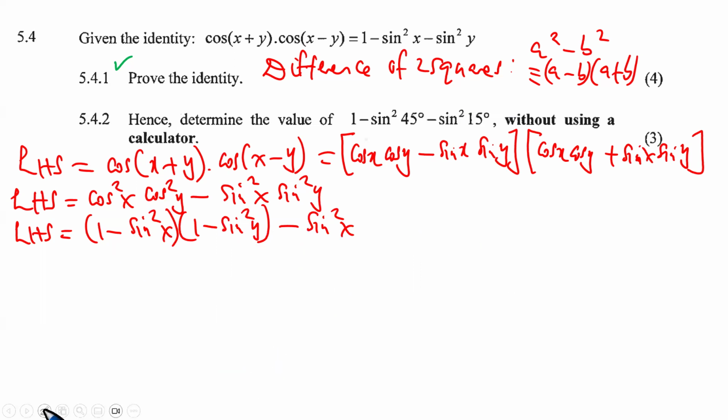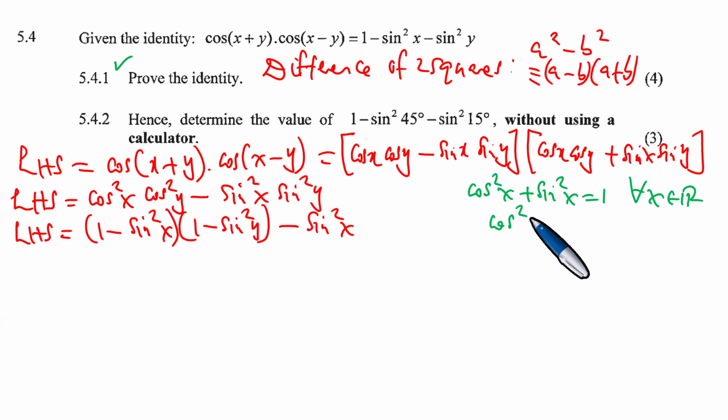Okay, that's fine now. Obviously, we remember our grade 11. Cosine squared x plus sine squared x is always 1, and this is true for all x in the real numbers. So if this is the case, we can make cosine squared the subject here, so that cosine squared x is the same as 1 minus sine squared x.